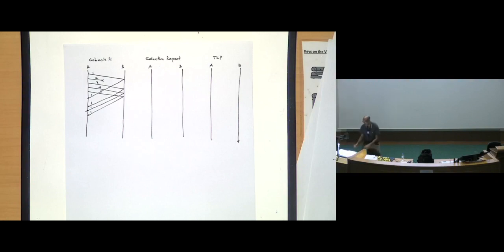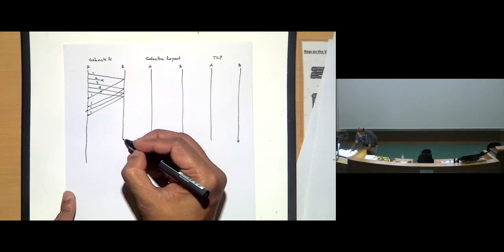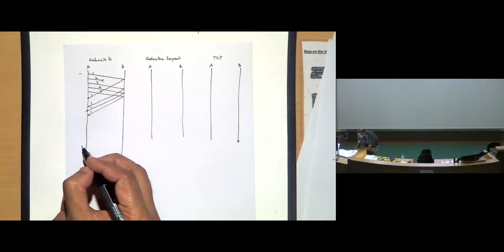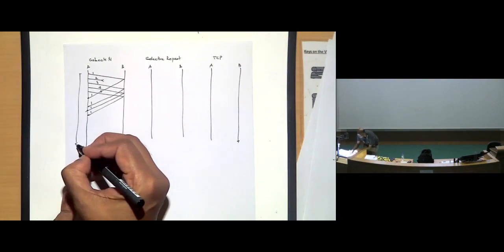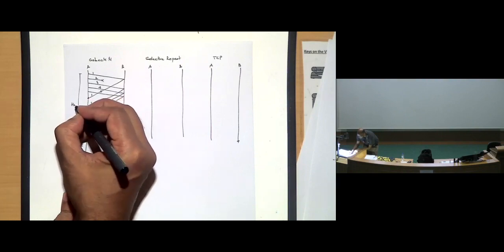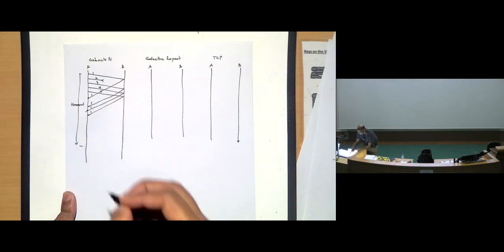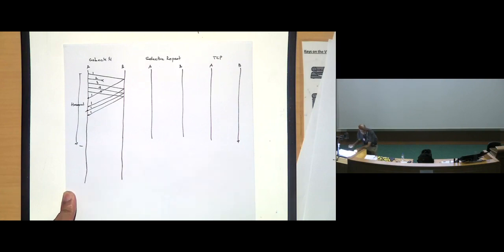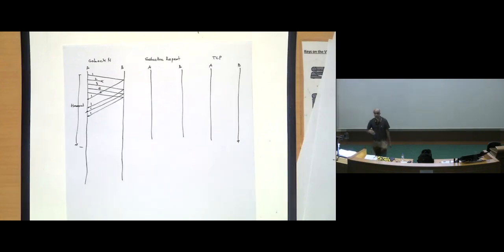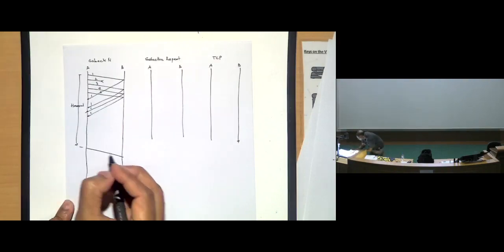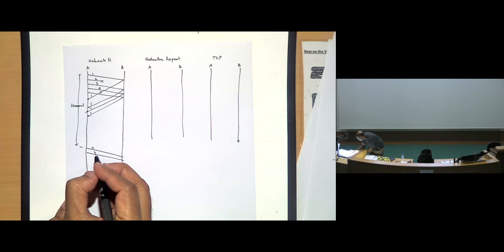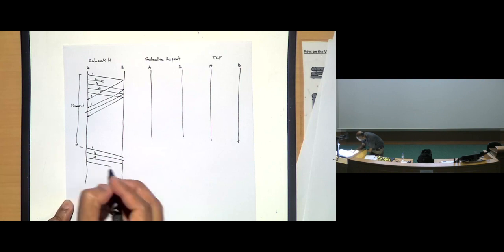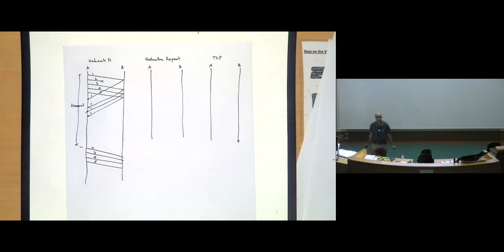Right? So now, let's say there's some timeout value. Once the timeout occurs, in Go-Back-N, everything in the window will be retransmitted. 1 doesn't need to be retransmitted because we got the acknowledgement for 1, but we will send 2, we will send 3, we will send 4, we will send 5.